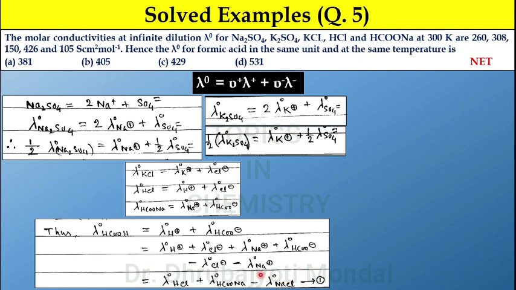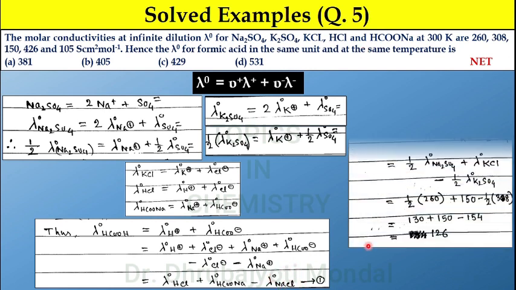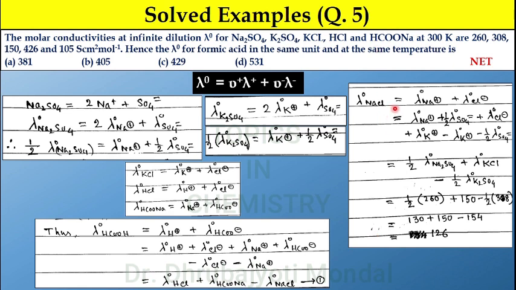Therefore, you have to calculate the value of lambda 0. Now, lambda 0 of NaCl is equal to lambda 0 of Na plus plus lambda 0 of Cl minus. So you can write lambda 0 of Na plus plus half lambda 0 of SO4 2 minus plus lambda 0 of Cl minus plus lambda 0 of K plus minus lambda 0 of K plus minus half lambda 0 of SO4 2 minus.